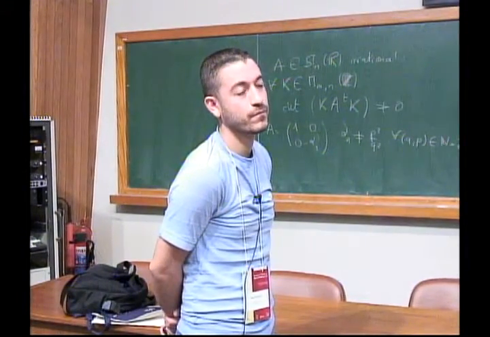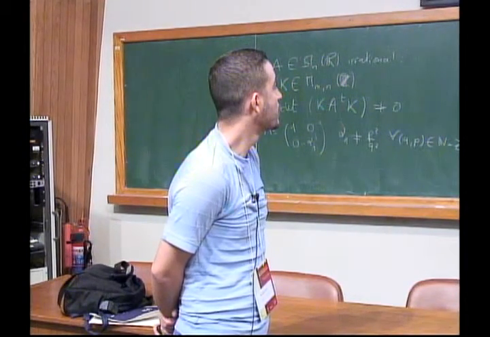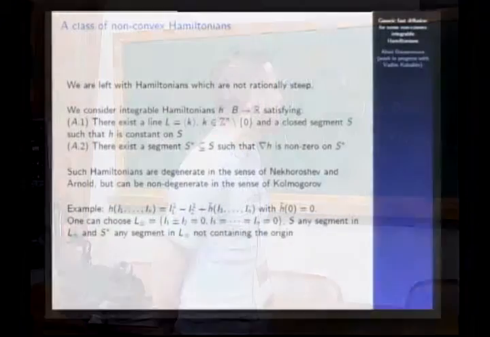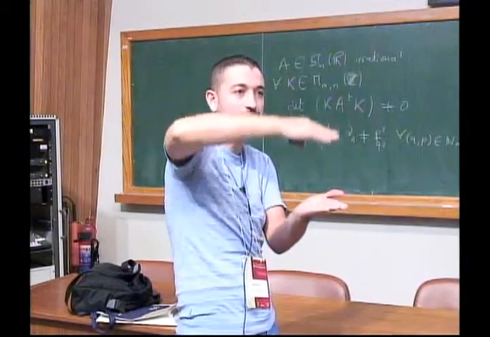So here, what does it mean, having this condition? So 2-degree Hamiltonian, it's non-degenerate in the sense of Kolmogorov, so you can apply KAM, so it means that really the rotation vector varies in a good way.